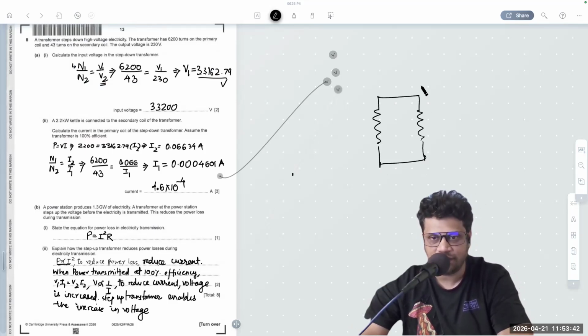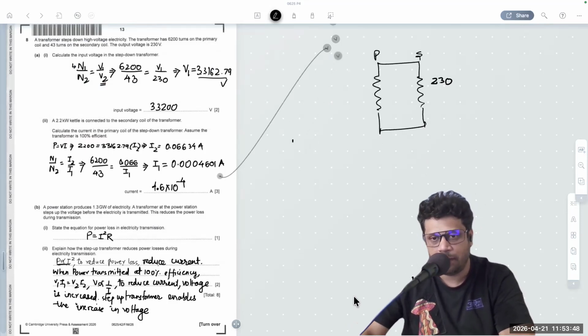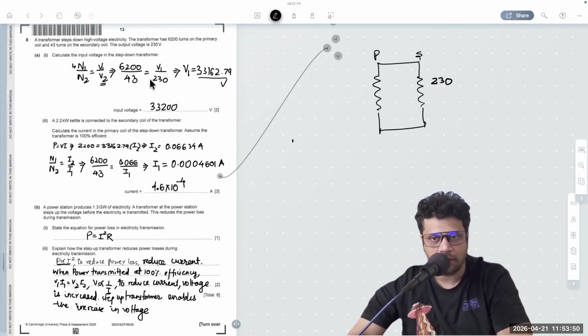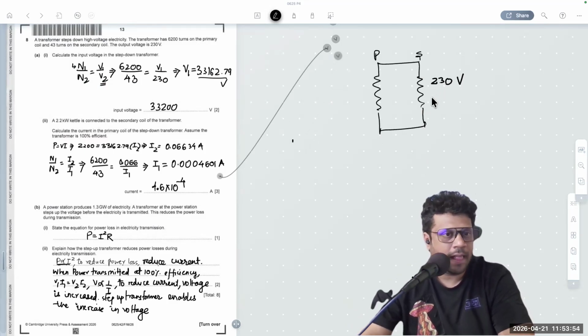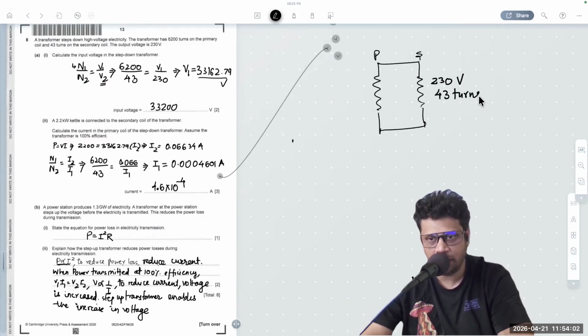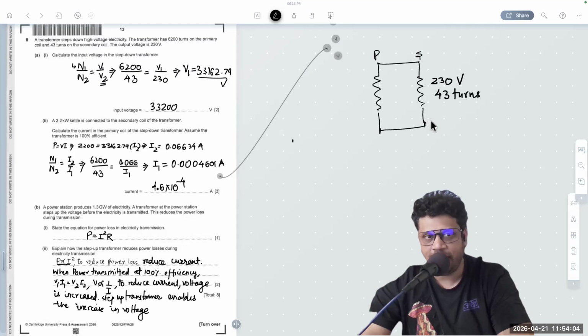So this is your secondary coil, this is your primary, 230 volts. And we have about 43 turns on the secondary coil.